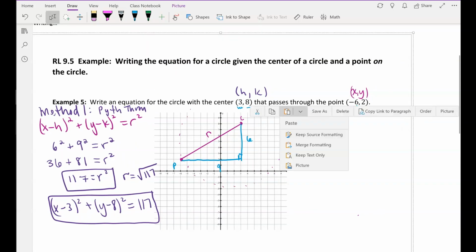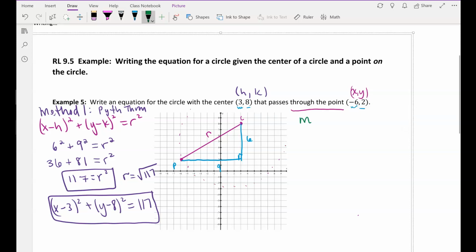For method 2, let's pretend we don't know the r squared value. So let's go back to just knowing the center and that point. I labeled them up here, but we said the center is h, k, and this point, x, y, represents any point on a circle.